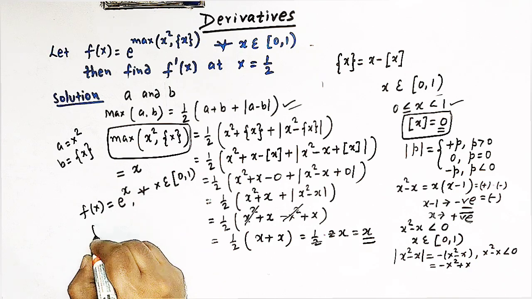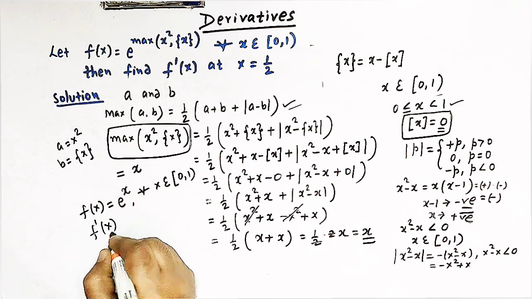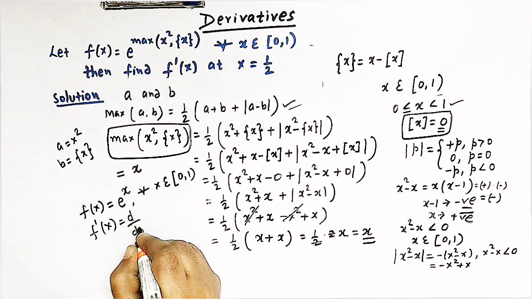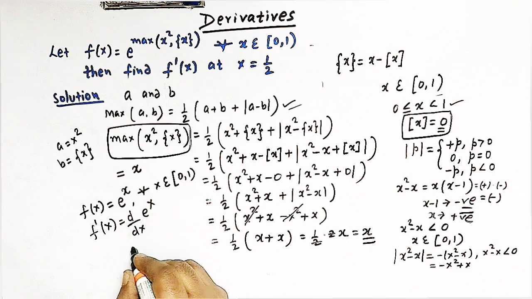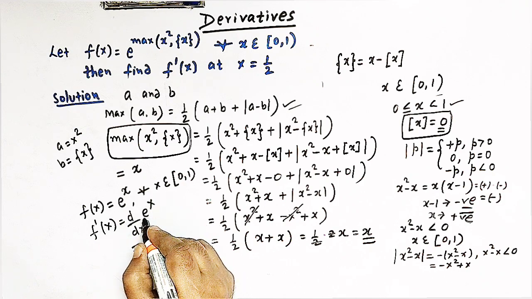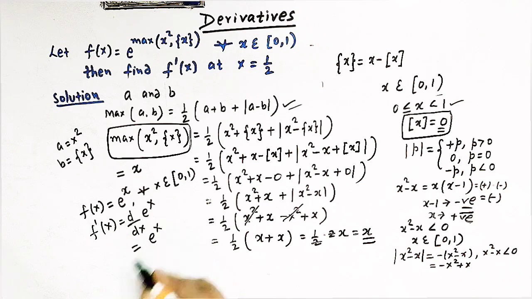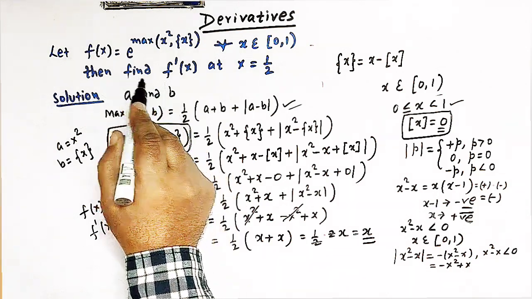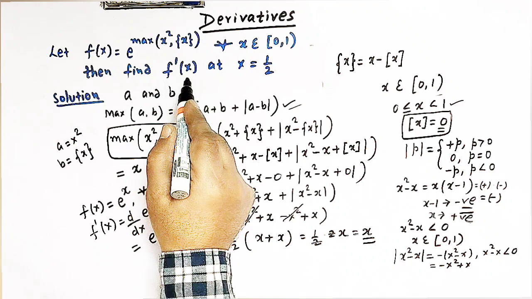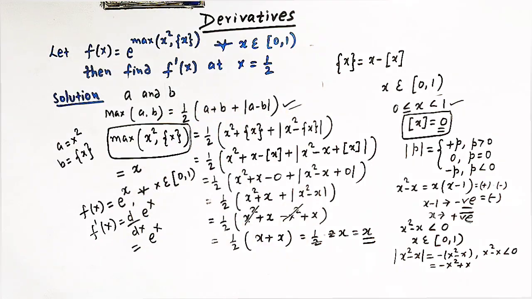If we differentiate it, then f prime of x is d by dx of e raised to x, and the derivative of e raised to x is e raised to x, and we have to find f prime of x at x is equal to half.